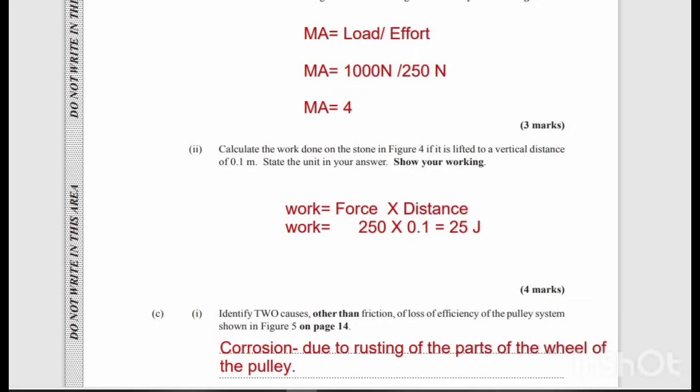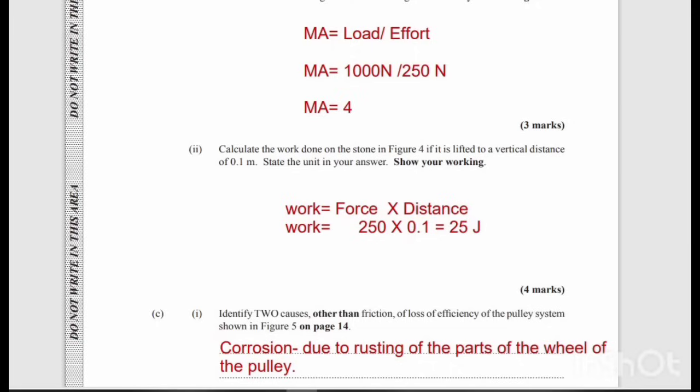In this case, the force is the 250 newtons, the same effort being used by the worker, and the distance is 0.1. So the work is going to be equal to 25 and the unit is joules.